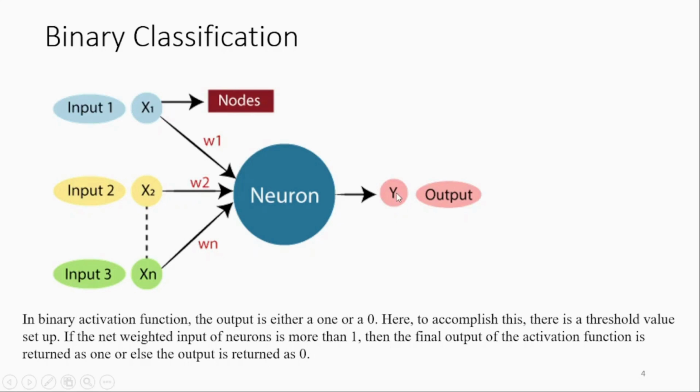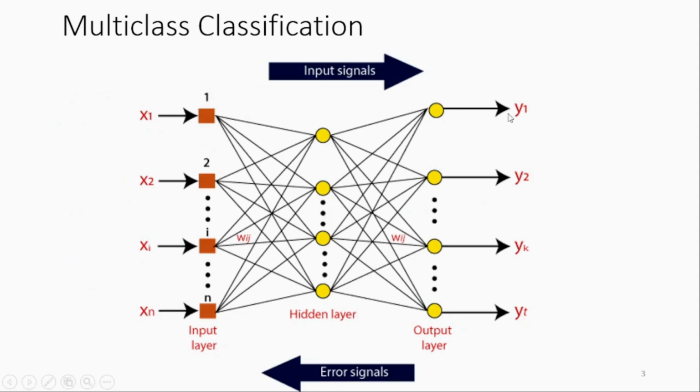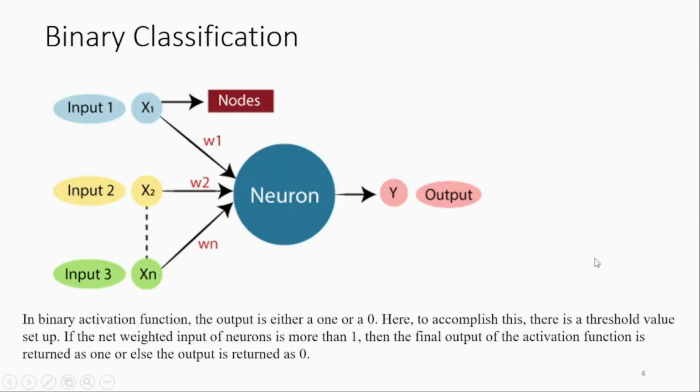So what is the difference between multi-class classification and binary classification problems? In a multi-class classification problem, there is more than one output, meaning the sample may belong to this class, or this class, or this class, while a binary classification problem consists of only two classes, either class 0 or class 1. In binary activation functions, the output is either 1 or 0.